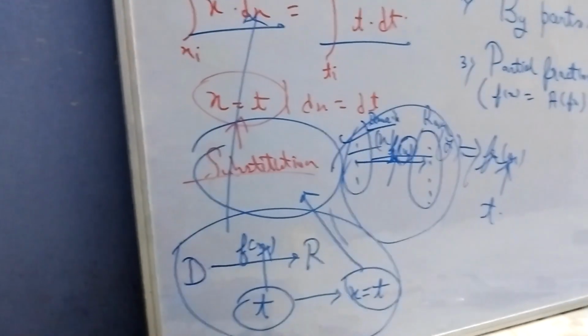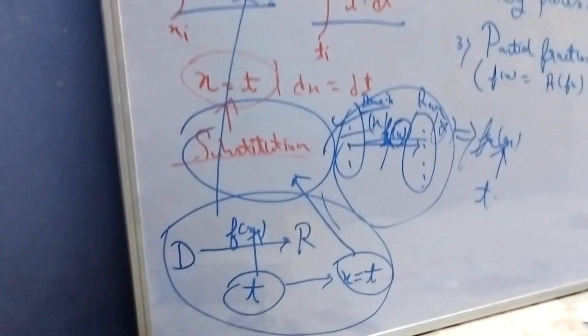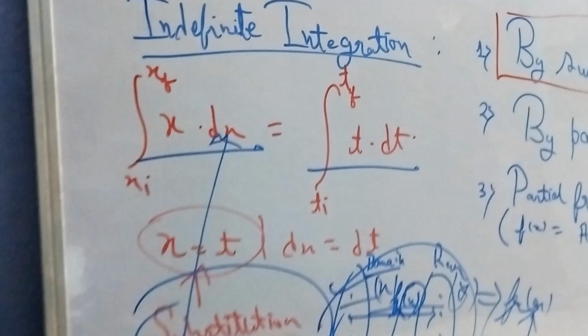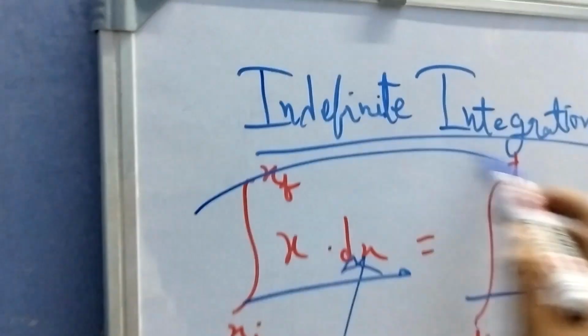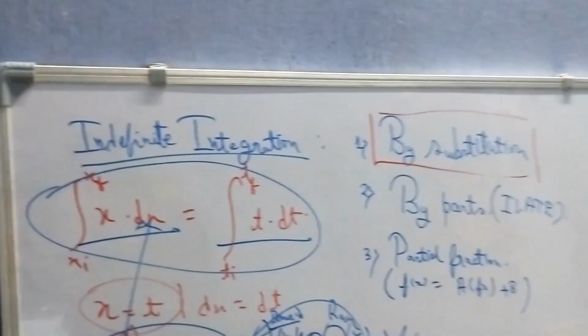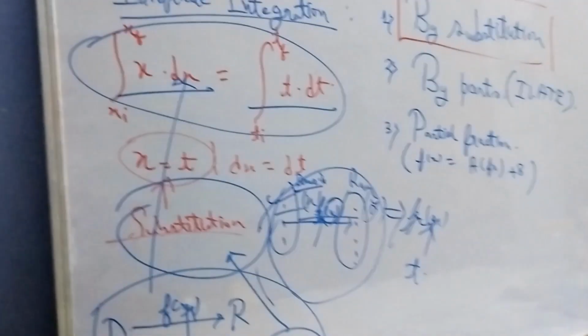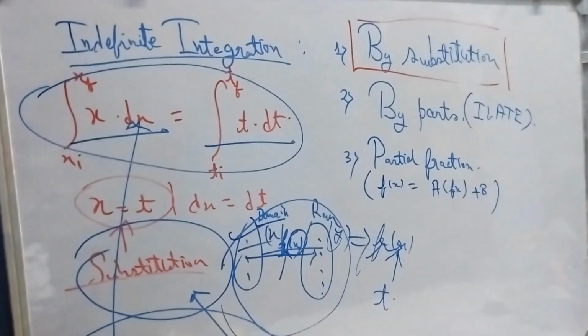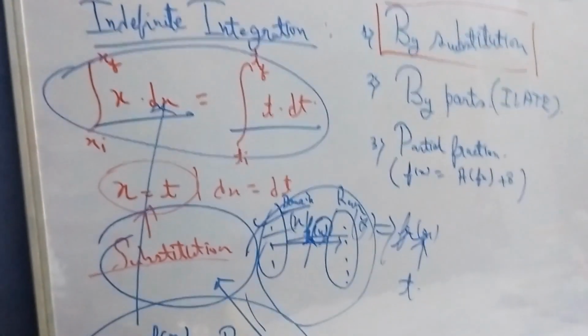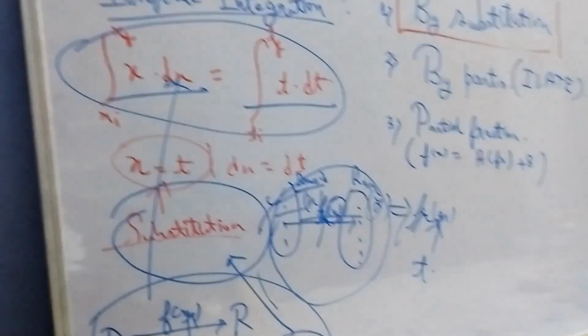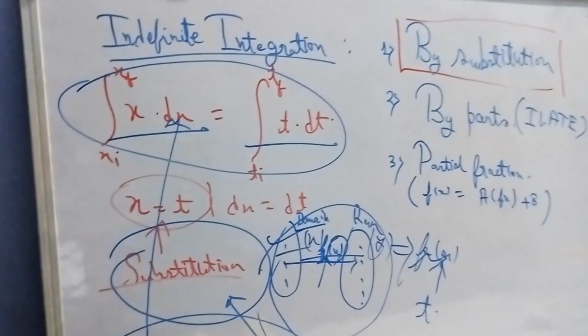By using set theory, I have explained it to you. By means of algebra, I have also explained it to you, and I also wrote the simplest equation that we will get in any book that defines what substitution means. So I hope I made the substitution topic very clear to you. But only getting clear in the theory will not help in maths, so let's get started with examples, right?